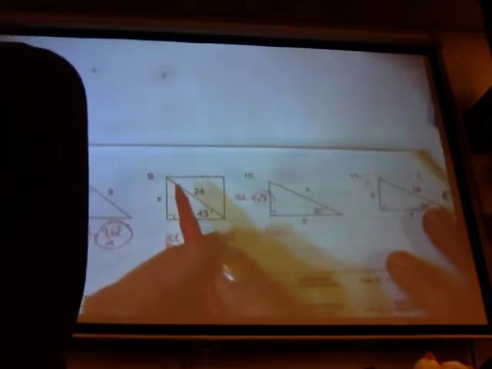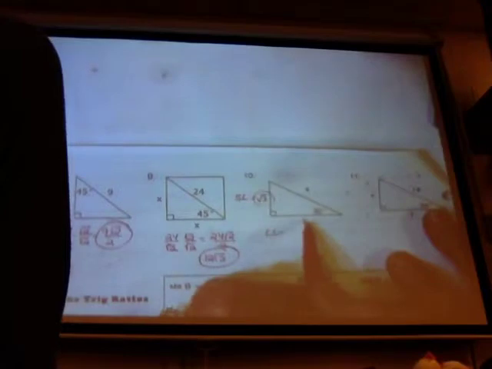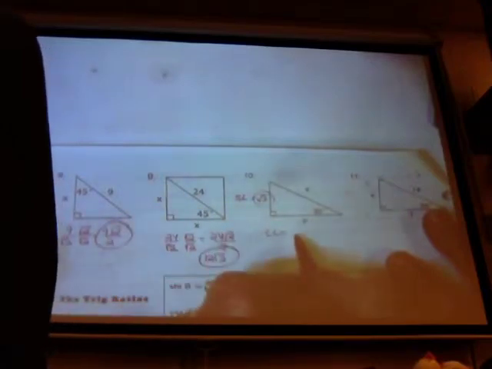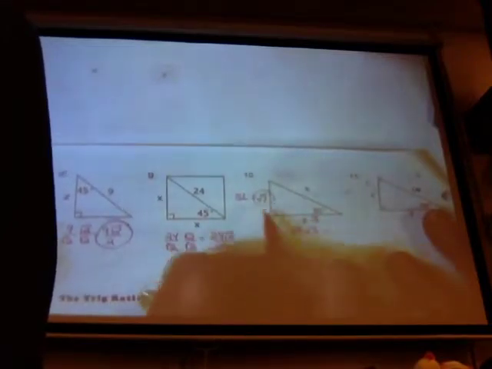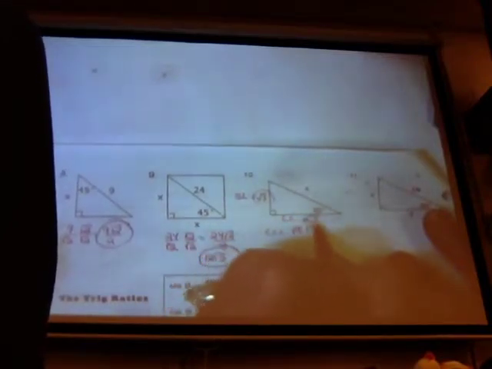When you go from short leg to long leg, you multiply by √3. And so this would just be 3. This is the long leg.